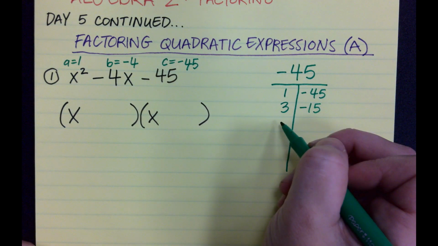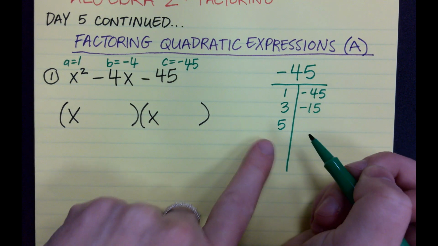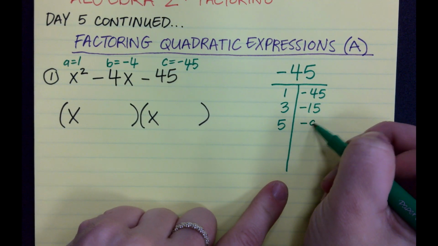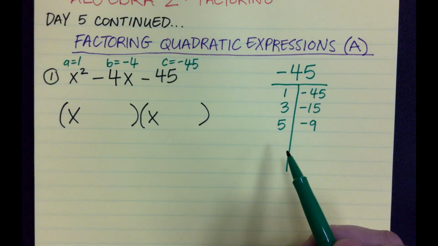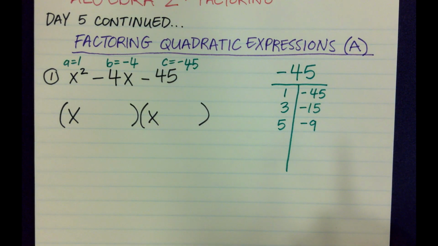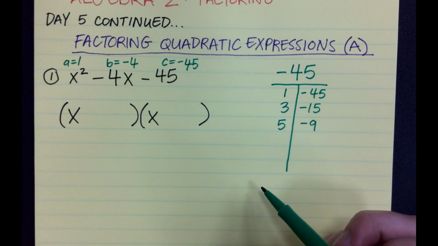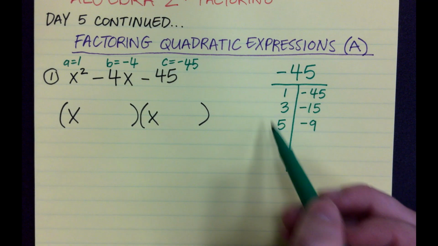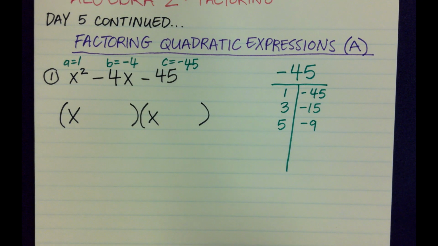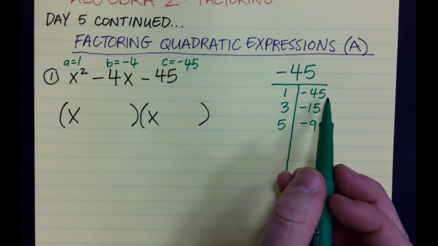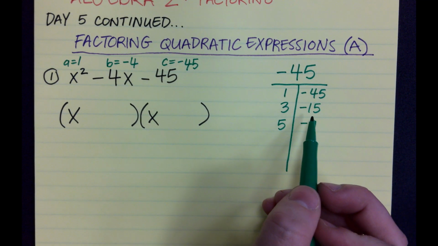5 and 9. 5 times negative 9. Any other numbers we could do? We can't do 6. We can't do 7. Can't do 8. And then we're back to 9. So we've got all the number values. We know one's going to be positive, one's going to be negative. We could also write out all the ones, negative 1 and positive 45, negative 3, positive 15.